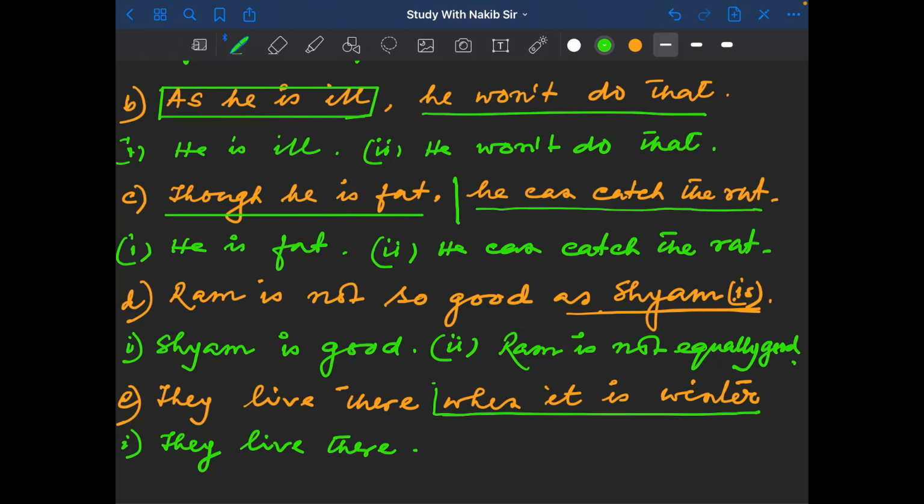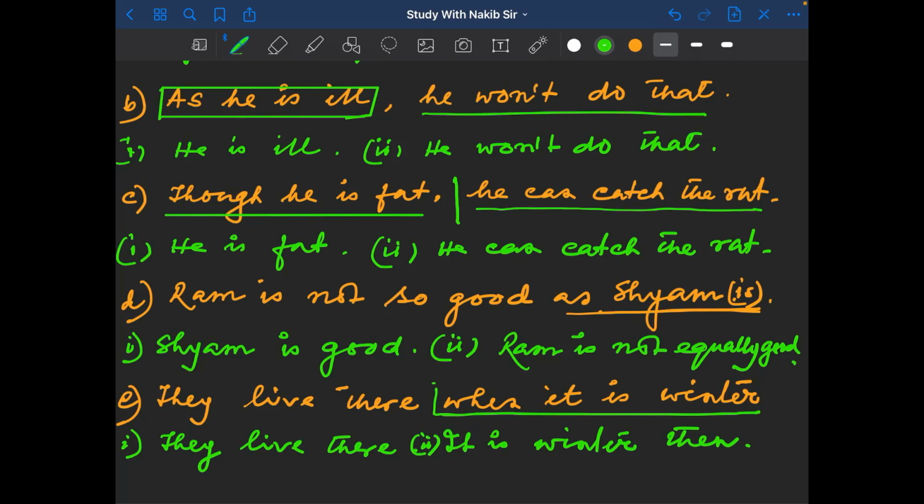Okay, and this one, when means then. It is winter then. Okay, it is winter then, or you may write it is in winter.